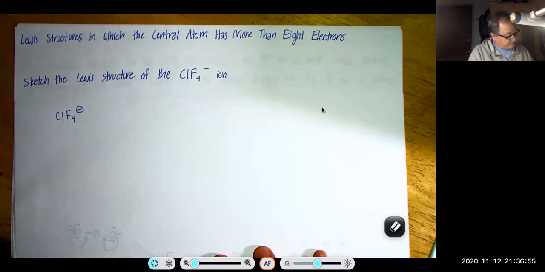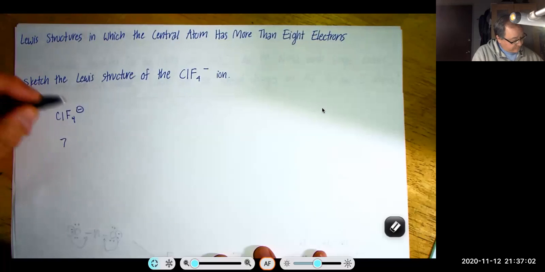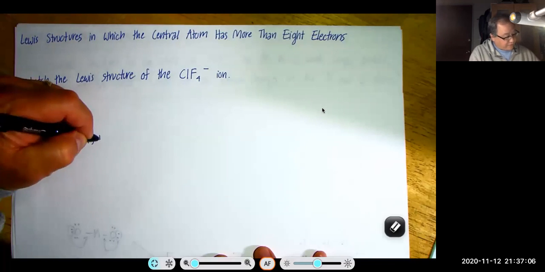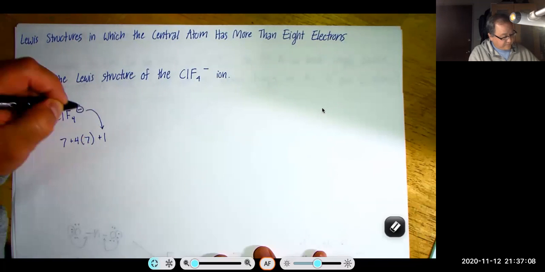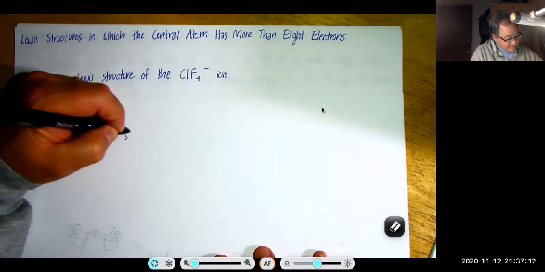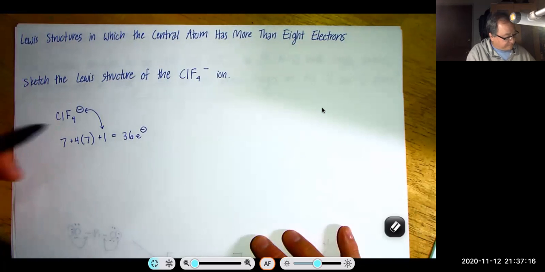So here, we'd be looking at 7 for chlorine, +7 for fluorine, and then +1 for the charge. So we're looking at 36 electrons, because really that's 5 sevens, so that's 35 plus the 1.